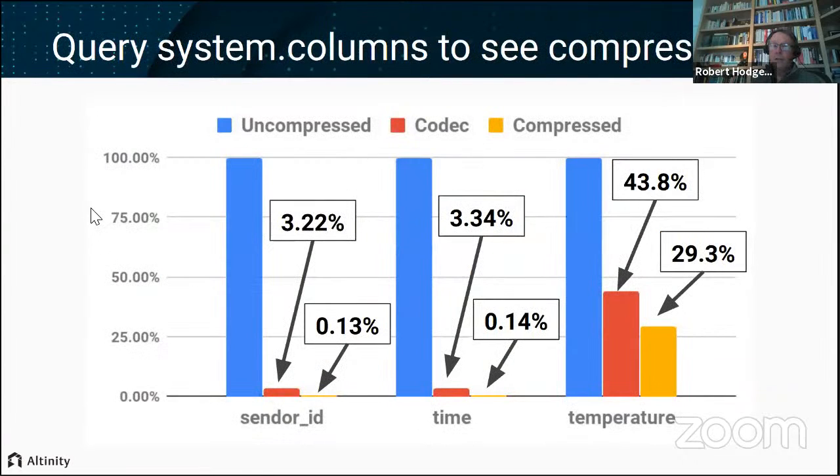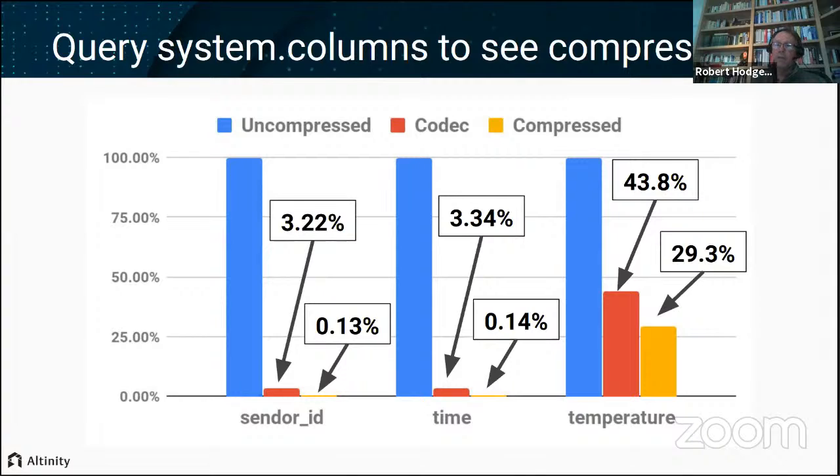And the effect is phenomenal. There's a table called system.columns. As you dig into compression, you want to get very familiar with it because it shows you the columns for all of your tables and tells you what the compression levels are. For example, for that sensor ID and time columns, when we apply the codecs, we get down to close to a 1,000-fold reduction in the size of the data.